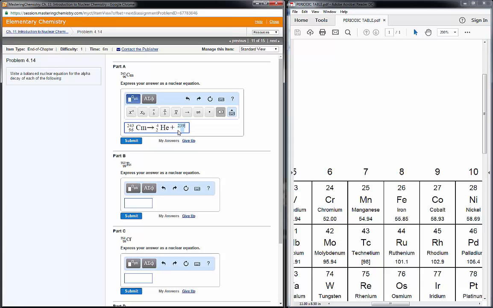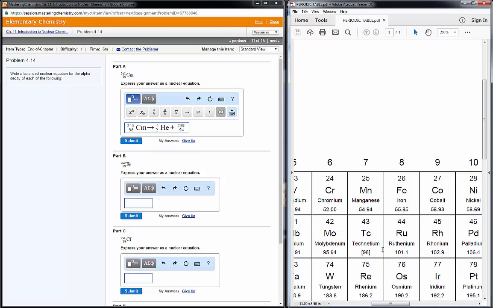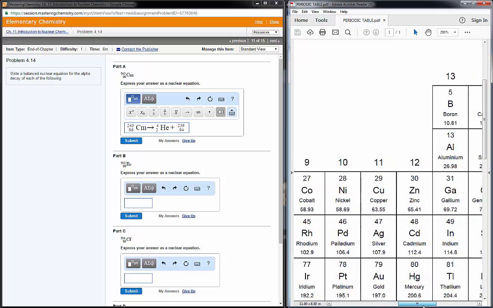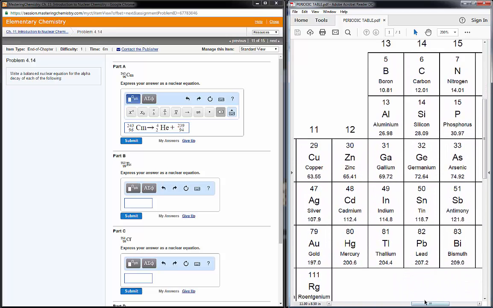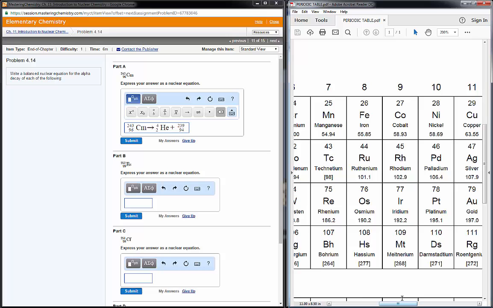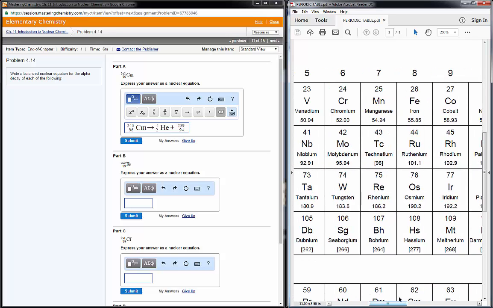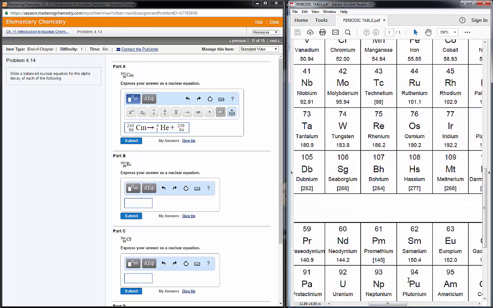And 96 must be the sum of 2 plus, that would be 94. And I look on my periodic table and see 94, that's going to be plutonium, Pu. So that would be the balanced nuclear equation for the alpha decay of curium 243.